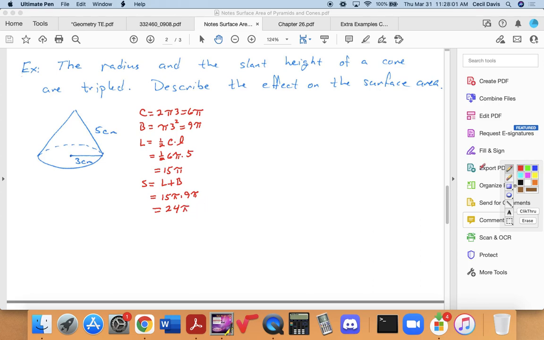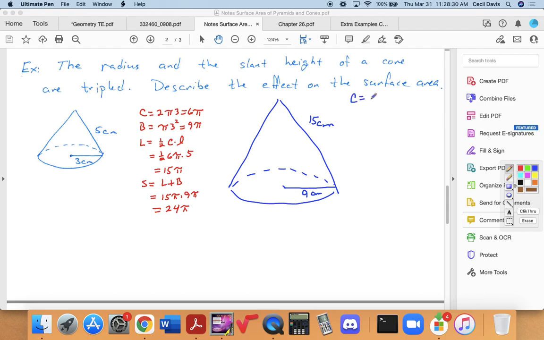Now I make a new cone. This new cone is a lot bigger. How many times bigger? 3 times bigger. So what is the new radius? 9. What's the new slant height? 15. All right, let's find the circumference.